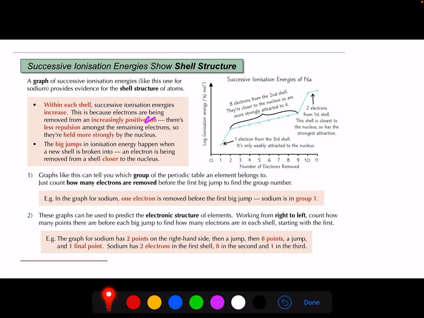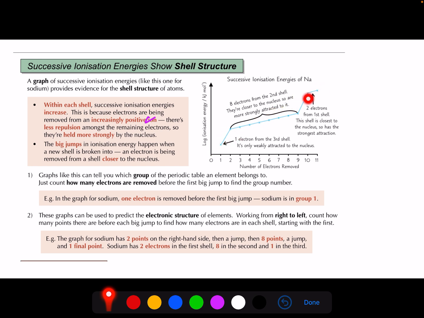Now, let's look at this. That's the successive ionization energy of sodium. Here you're removing 1 electron. That's the second ionization energy, removing the second, the third, the fourth, and so on, until you remove electron number 11. What trend do we see here?